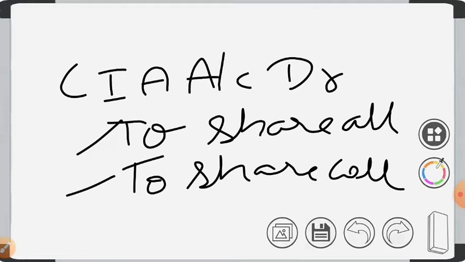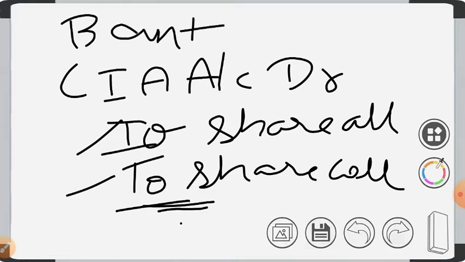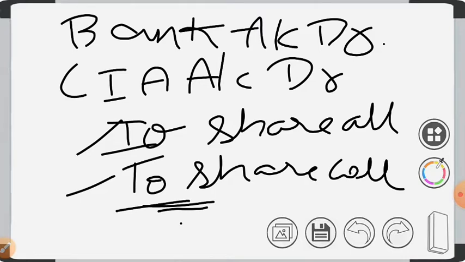So these accounts are credited. Then we have to debit bank account for the amount received from that particular shareholder. So the entry will be bank account debited, calls in arrears account debited, to share allotment account, to share call account.